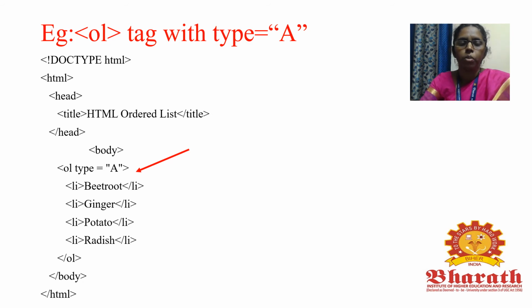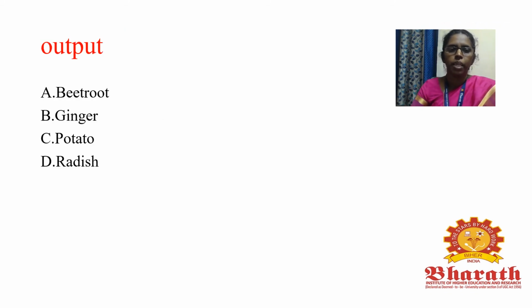So the output will be displayed as A beetroot, B ginger, C potato, D radish, since we specified within this ordered list the type value is equal to capital A.